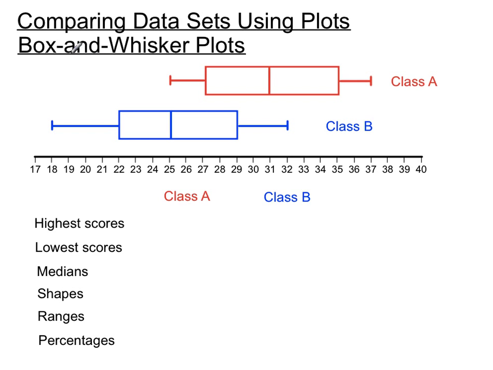So you can make some bold statements that say, perhaps, if you compare this bit here, the lowest score for Class A lines up with the median of Class B. So what that's saying is really all of Class A's scores are at least the same or above the top 50% of Class B. So all of the scores in Class A are at least as good as the median for Class B. So that's a pretty good statement you could make there.